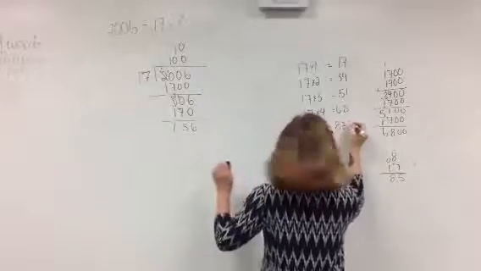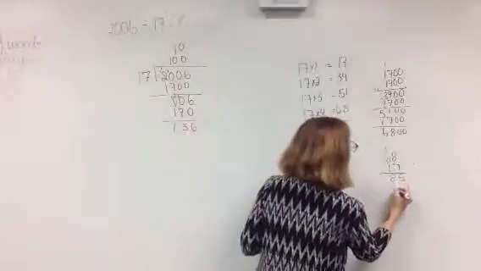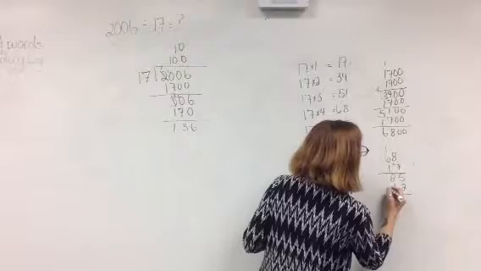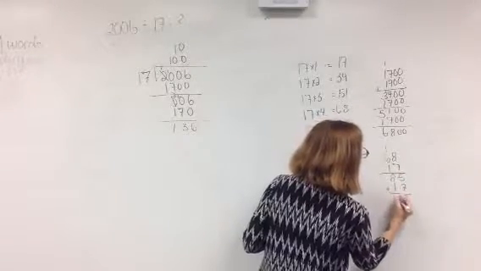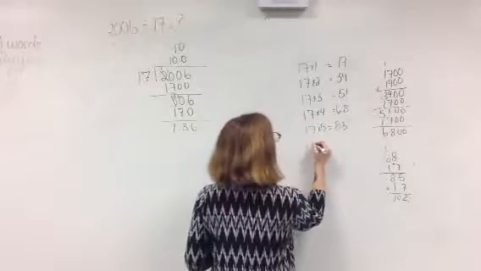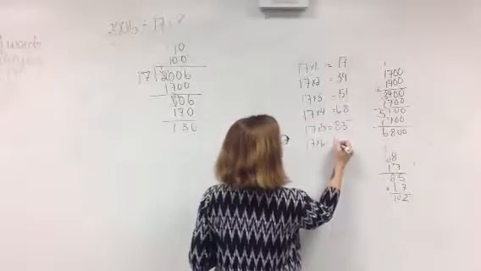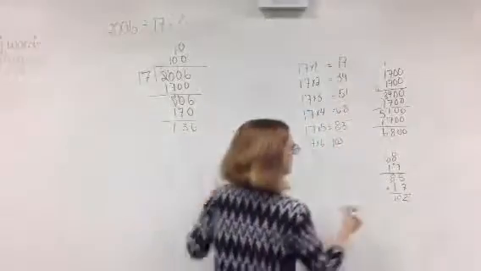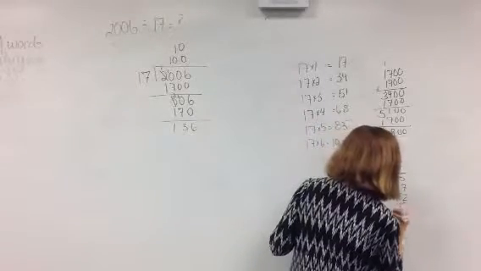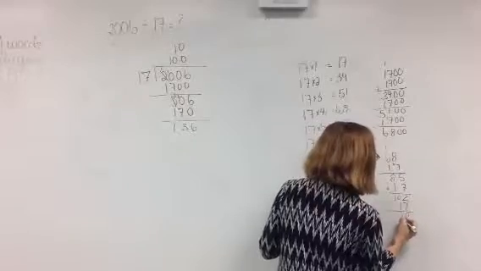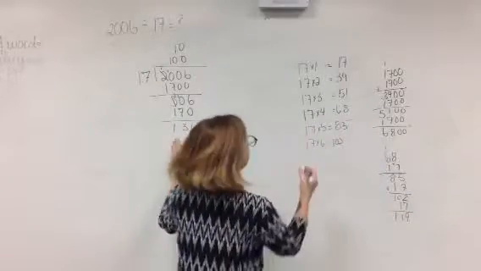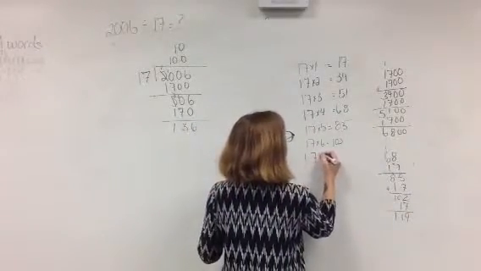Not big enough. Add another 17, that's 102. 17 times 6 is 102, well that's not big enough. Add another 17, 2 plus 7 is 9, 119, well that's not big enough.